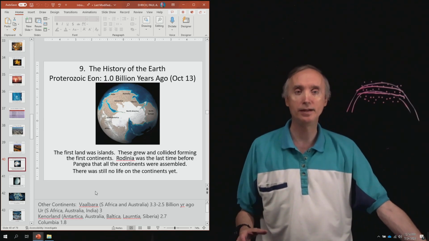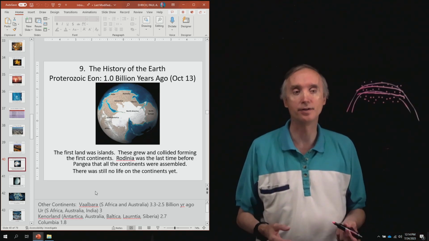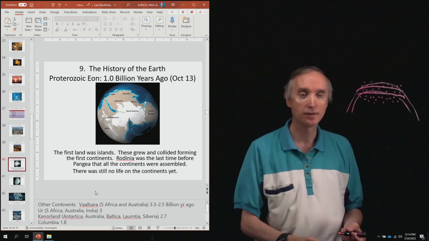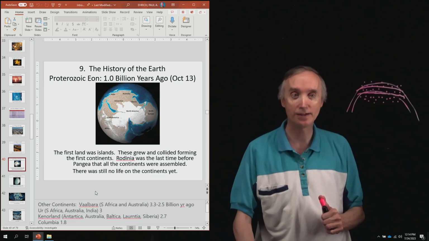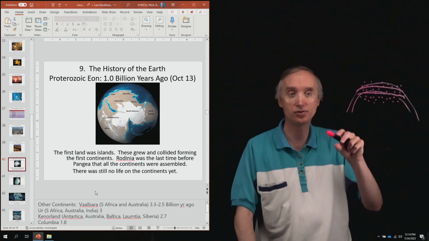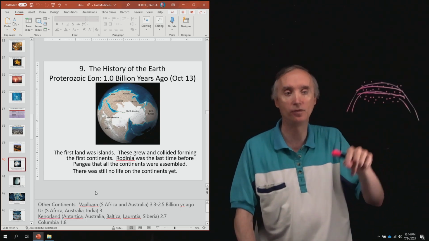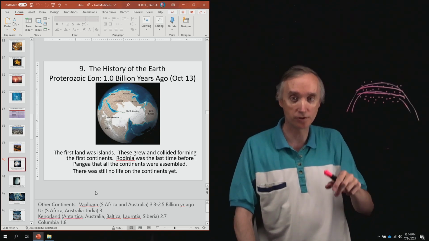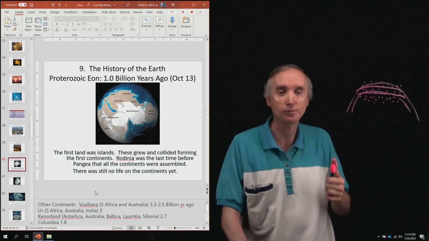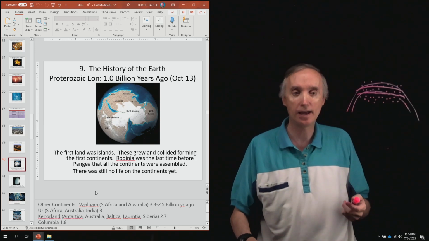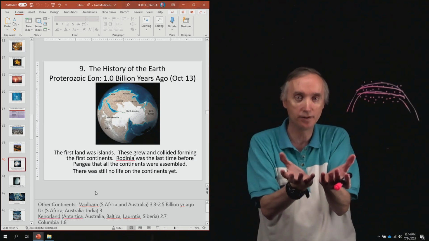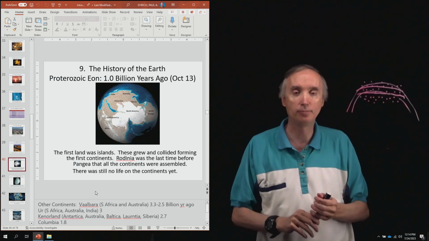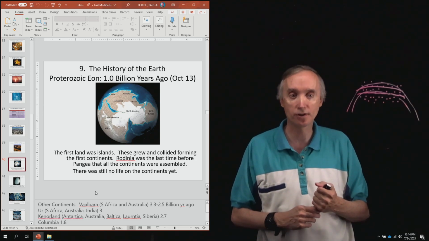Earth has had many supercontinents. The last time that all the continents were put together was called Pangea. But the supercontinent that came before Pangea was called Rodinia. And Rodinia has the distinction that when all of these continents came together, they blocked the ocean circulation.